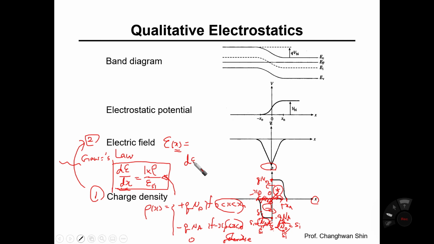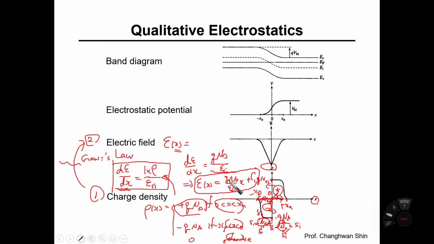dE/dx is equal to the charge density over epsilon silicon, and let's solve this first. Plug in Q times Nd. Then what is the electric field intensity? After taking the first order derivative, the original analytical equation must have this form: Q Nd over epsilon silicon times X plus a certain value, say C1.